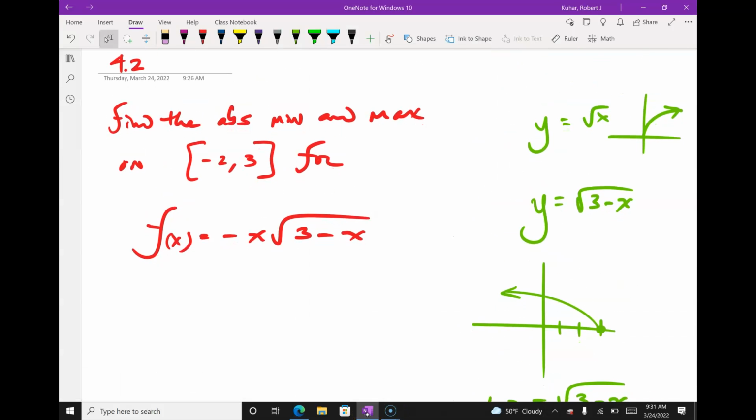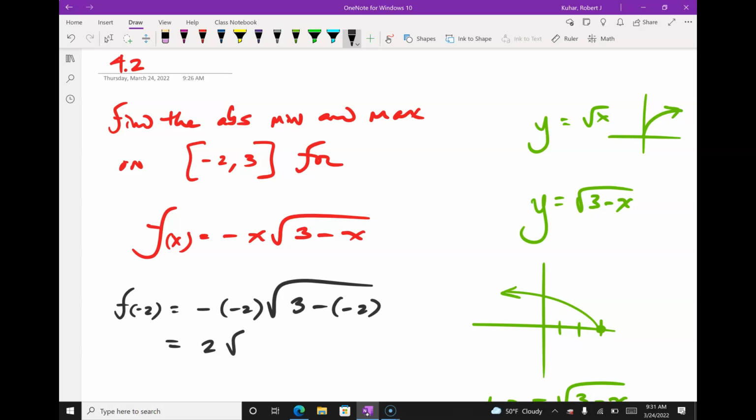Good. So back here, what was our process? Graph it. I gave you a checklist. So graph it, then find the value at the endpoint. So f of negative 2 is negative negative 2 times the square root of 3 minus a negative 2. And you're not copying me here, you're doing the work yourself, please.